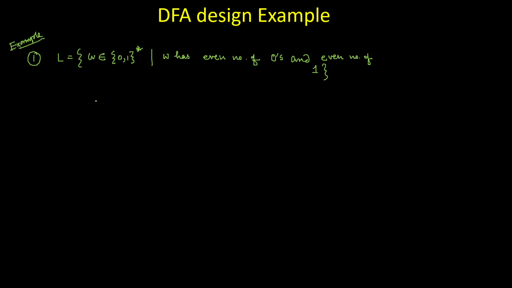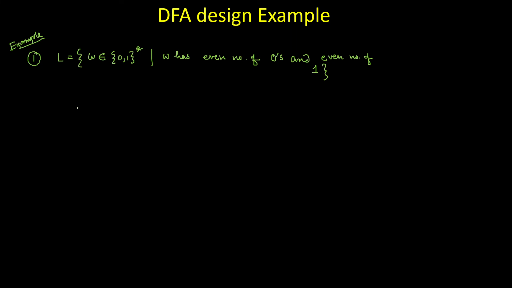Number of 0s can be even and number of 1s can be odd, as well as number of 0s odd and number of 1s even. So according to that, we must have 4 states.